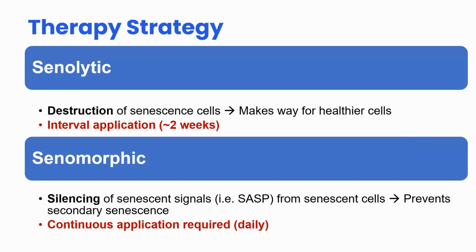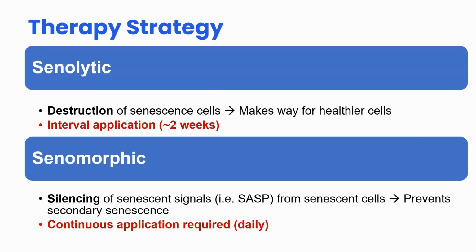But when we think of how we apply this, well, senolytic therapy is designed to be applied in an intervaled application. In other words, about 2 weeks. That is the amount that is described in the clinical trials that have been done in senolytic therapy, anywhere between 5 days to 2 weeks. And so you apply the treatment for this period of time, a short period of time.